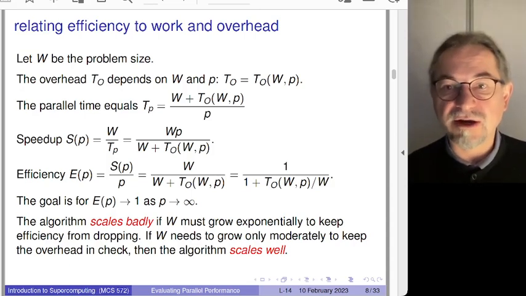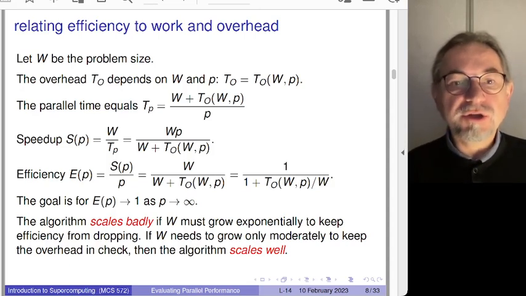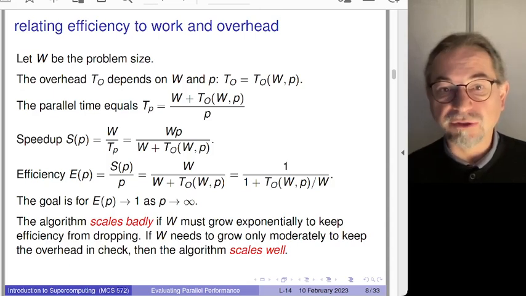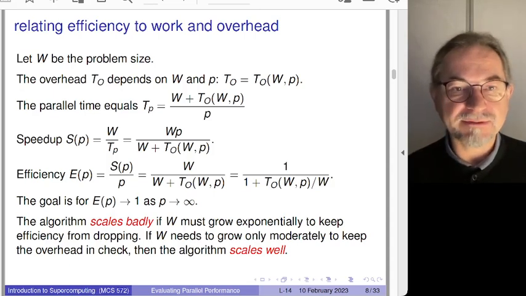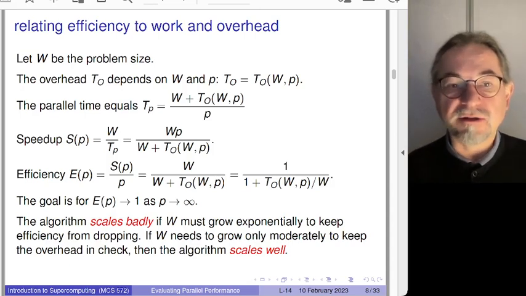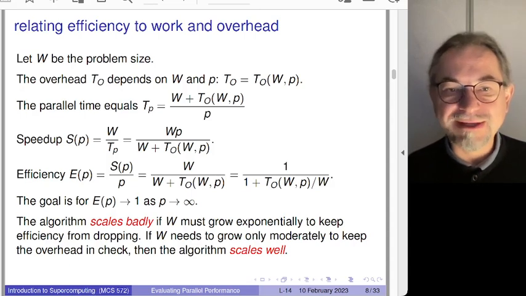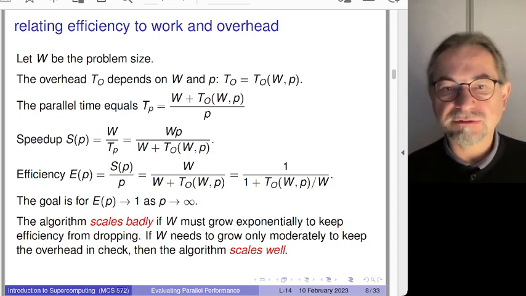You would think that the time would be divided by P, but one needs to take into account the overhead. So the speedup that can be obtained can then be expressed in terms of the problem size, the number of processors, and the overhead. And likewise, by using the definition of efficiency, we can rewrite the expression for the efficiency in terms of the overhead, the number of processors, and the problem size.